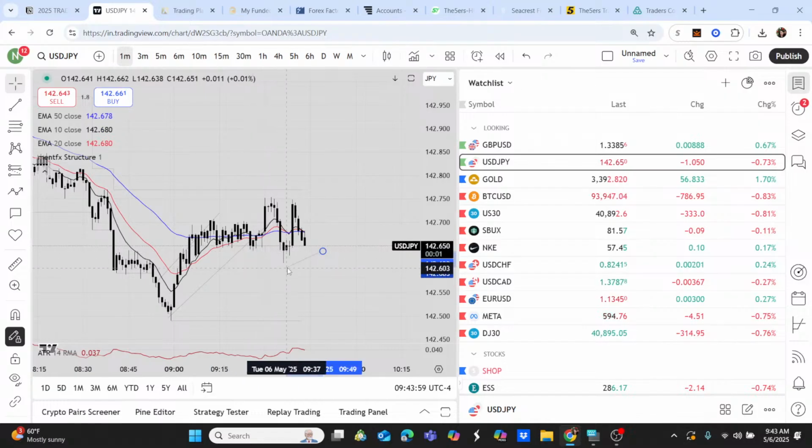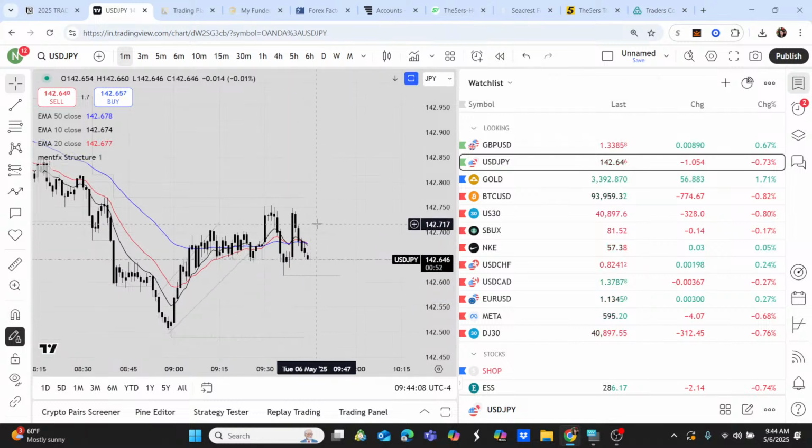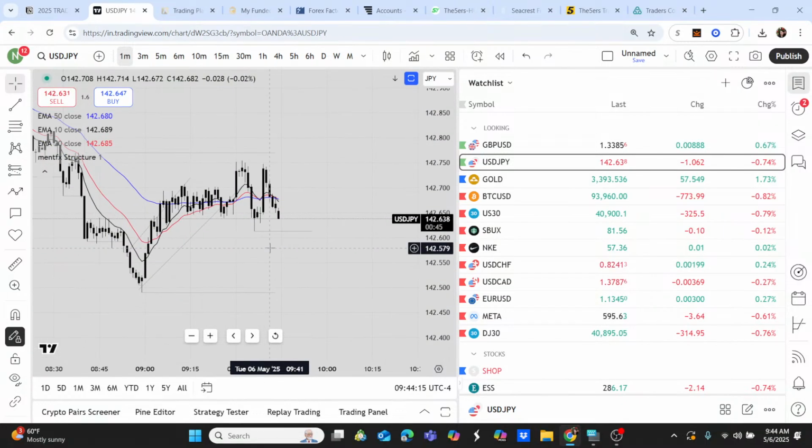Oh, and let me update it to this low right here. So if I want to see it move out of the price, I have to be this low now, because price broke through right here, so I'll have to adjust it right here.